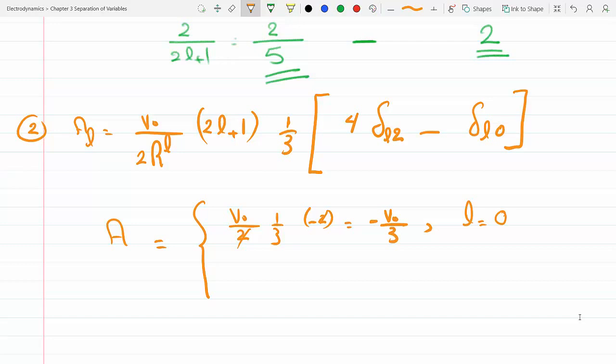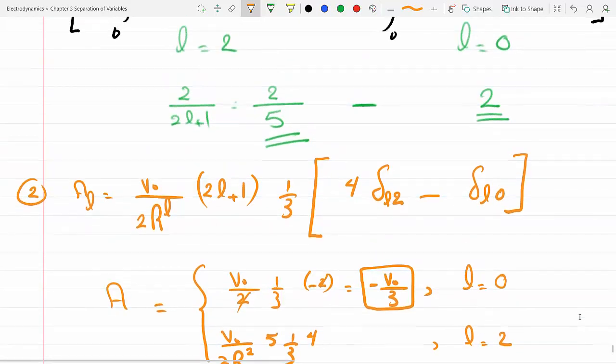And then if L is 2, the second term would go away, and then I would get V0. So here is my answer to this. This would be V0 over 2R squared, and then this is a 5, and then I have a 1/3, and I have a 4, right?